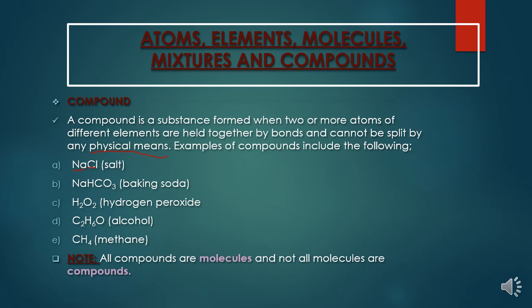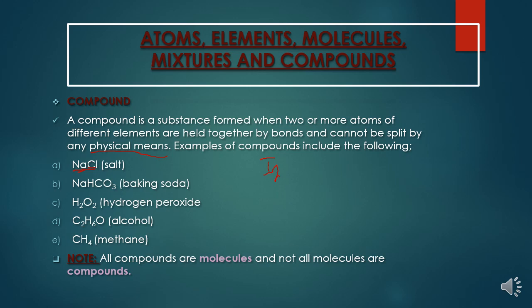This statement is made possible because all compounds actually have atoms of different elements bonded together. As we can see, for salt, sodium chloride, we have two different atoms bonded together. And if we take an example of iodine, we have two iodine atoms which are bonded together.